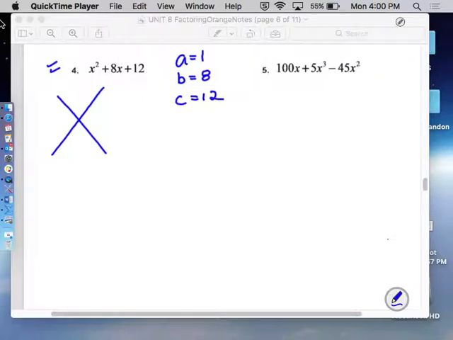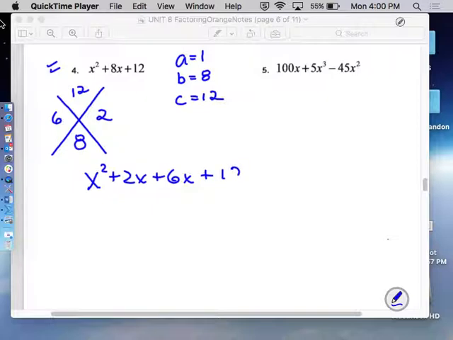So the product of AC is just simply going to be 12, and the linear term is 8. So I'm looking for factors of 12 that sum to 8. So that's going to give me 6 and 2. I'm going to rewrite the original. I'm going to replace the 8 with 2 plus 6, and I'm now going to use factor by grouping.